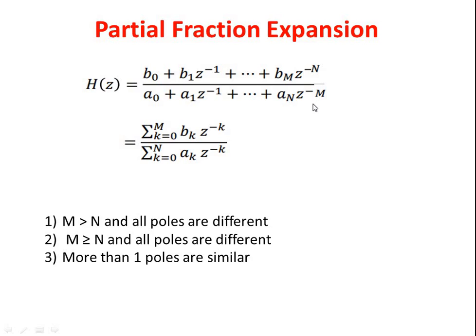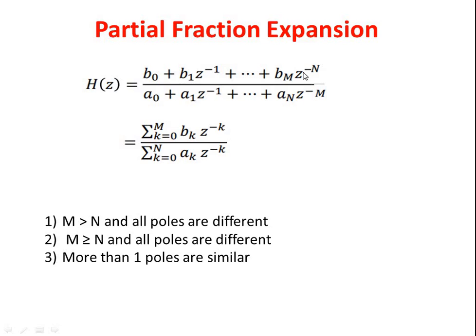The order of the denominator should be greater than the numerator. For that type of question we will get feasible solutions. So that is one type of solution we can obtain.